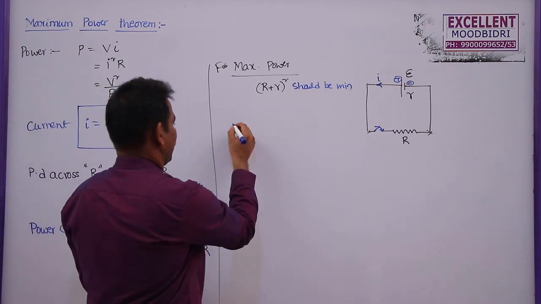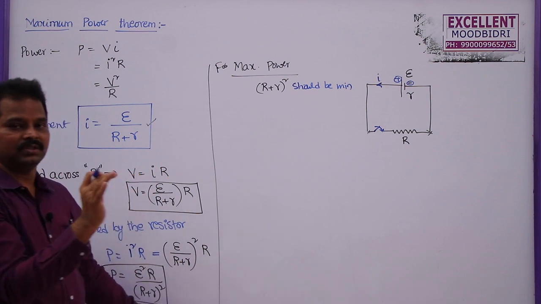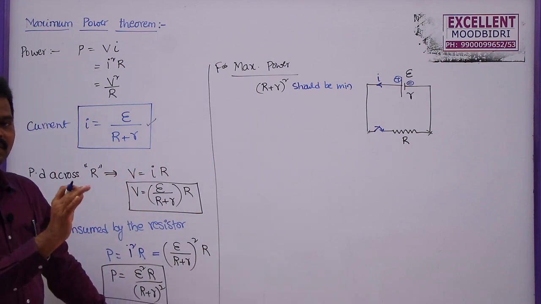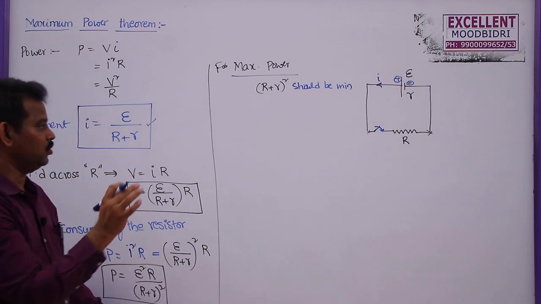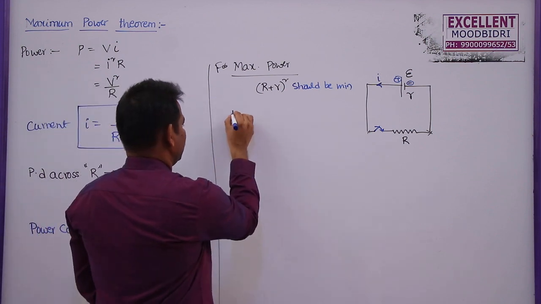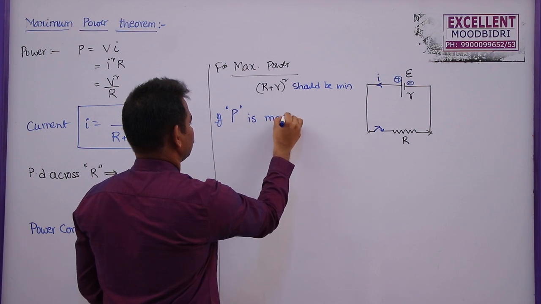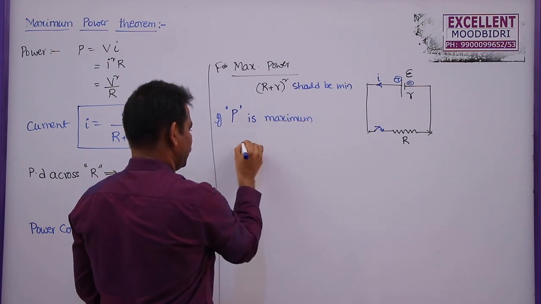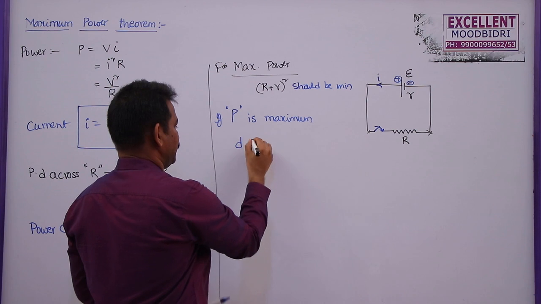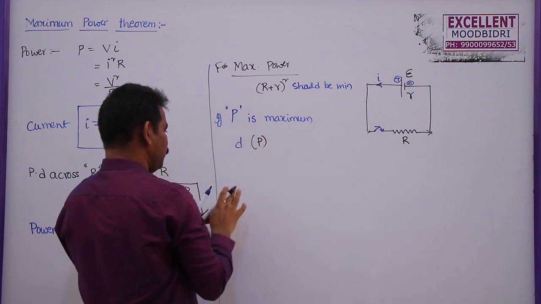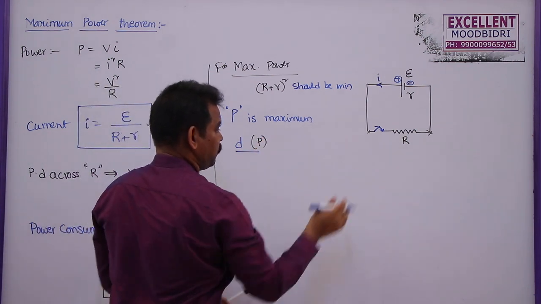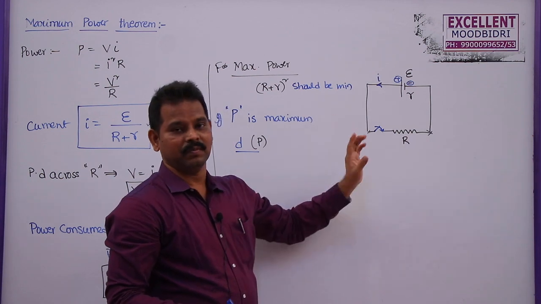If any function is maximum, its derivative must be equal to 0. So, I am going to use that concept. If P is maximum, then the derivative of P, the power, with respect to that resistor, for what value of R is the power maximum? That is the question.